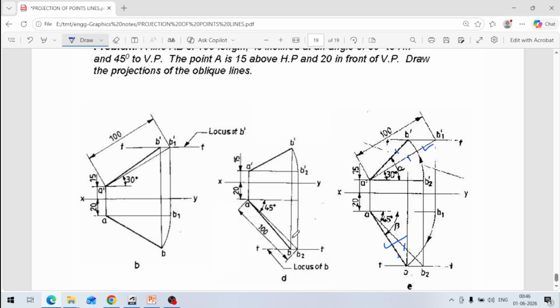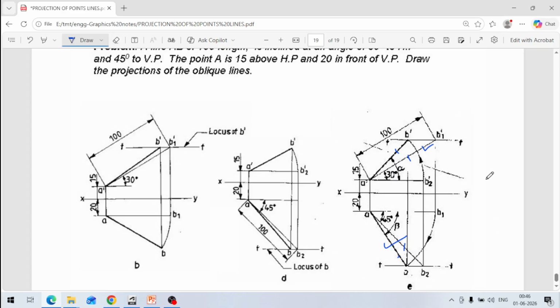So in this also it is shown here. These are the points. This is the point at 15 mm. This is the point at 20 mm here, and this is A dash B dash. This is a projection. So this way we can draw this, and finally this is the figure.